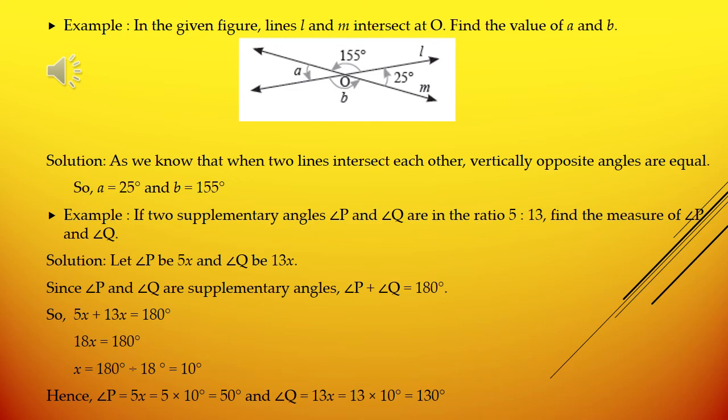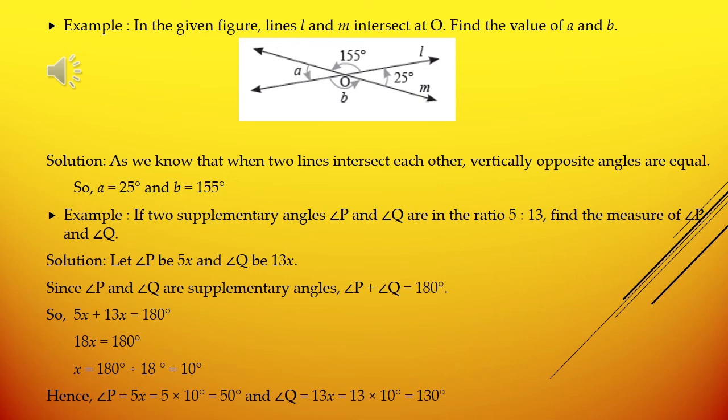Next comes the example of two supplementary angles, angle P and angle Q, which are in the ratio 5:13. So angle P and angle Q are supplementary. From this we can write that the sum of angle P and angle Q is equal to 180 degree because they are supplementary to each other. Also it is given that angle P and angle Q are in the ratio 5:13.